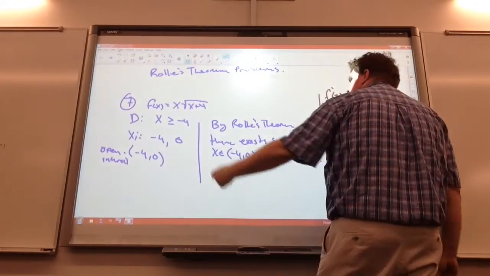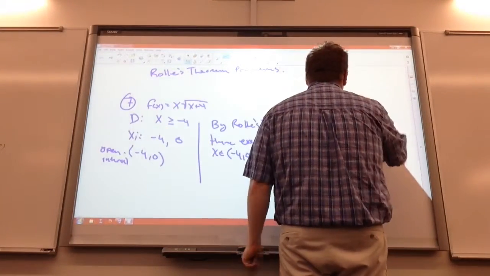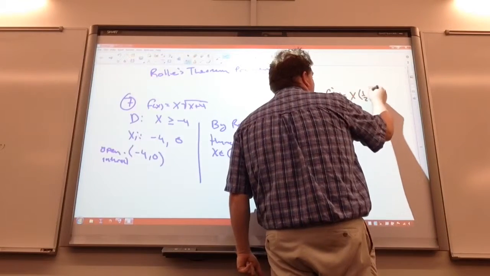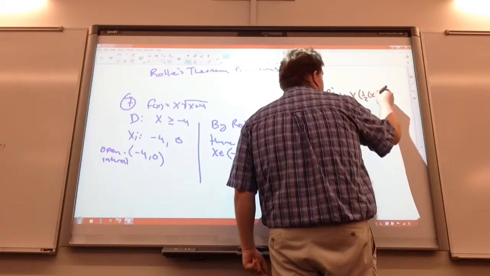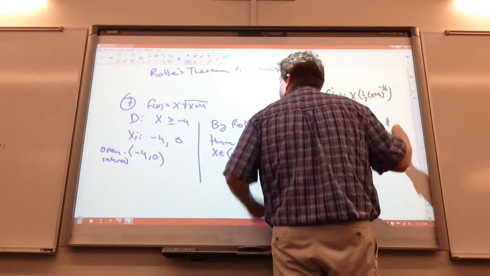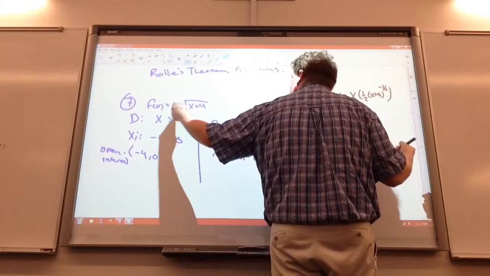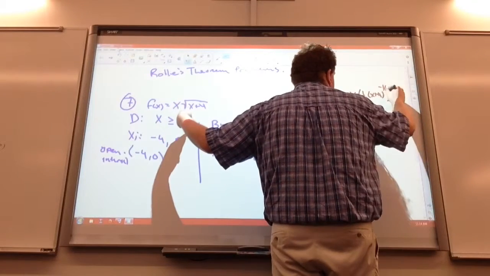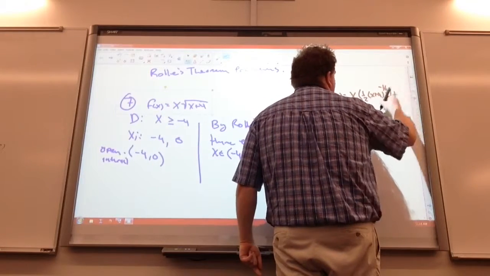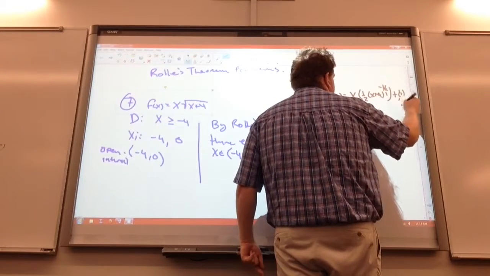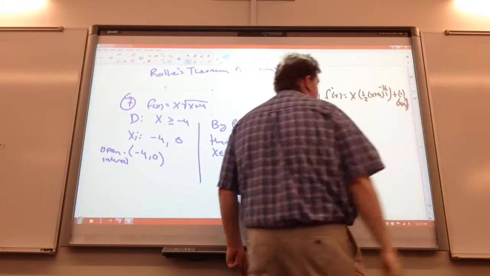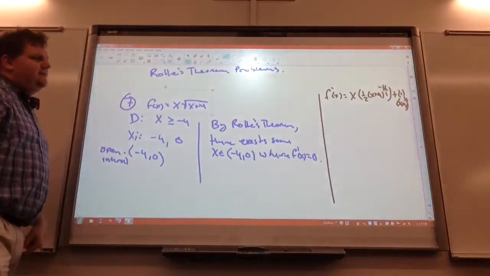So the product rule says keep the first one the same, multiply it by the derivative of the second one, so that should be 1/2 x plus 4 to the negative 1/2, times 1. Then we add the derivative of the first one times the second one kept the same. And I know it's getting squished there to 1/4.